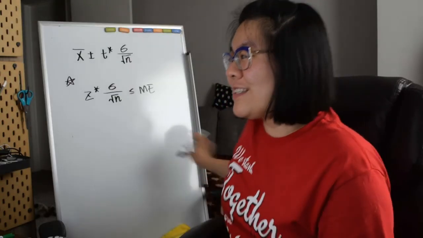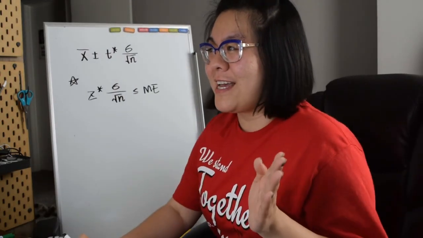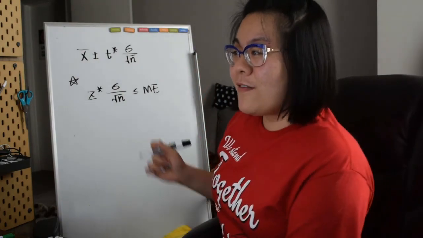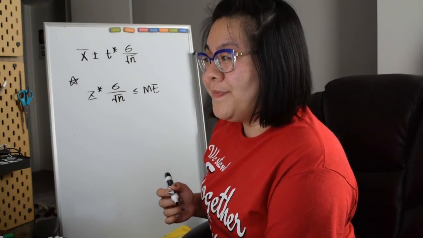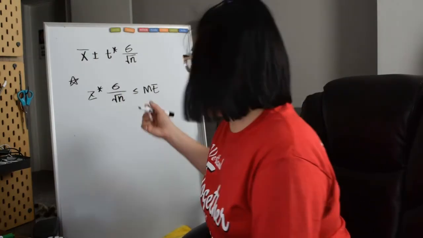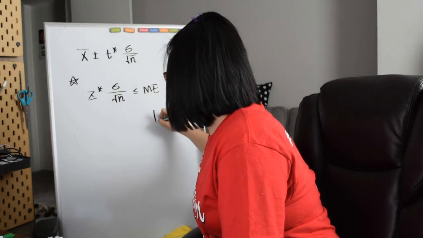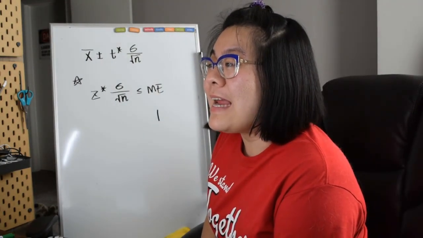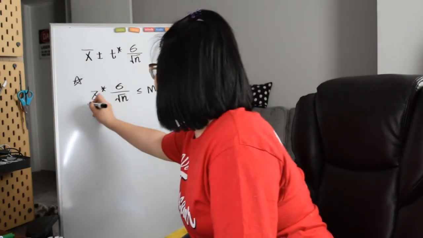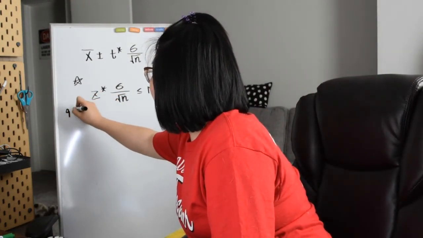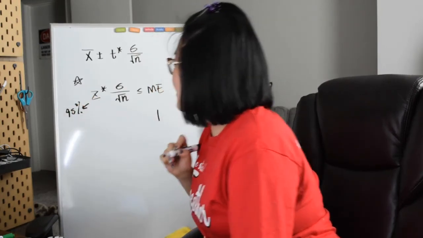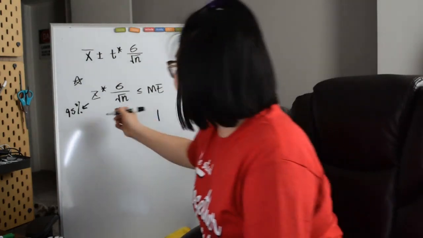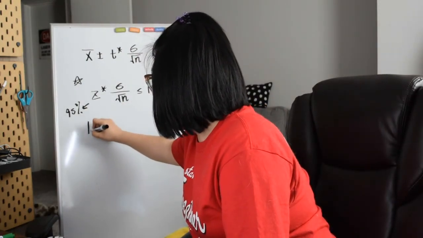Alright, so you just go ahead and read the question and take out all the useful information you want to use for this example. Over here, I have within 1 milligram, so my ME will be 1. And then the true value mean at a 95 percent confidence interval. So this z star, we're gonna find the 95 percent confidence interval z star. If you remember from before, this value is actually 1.96.